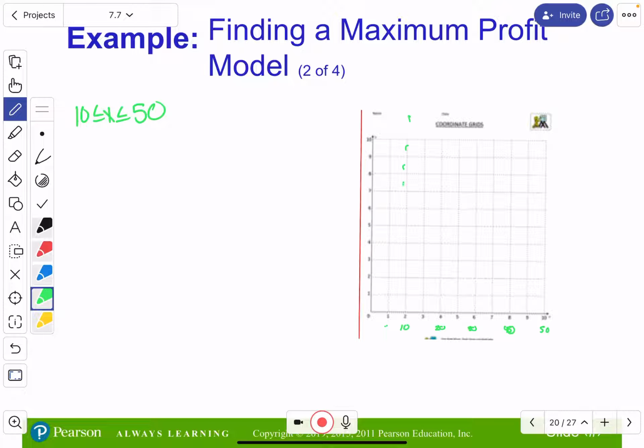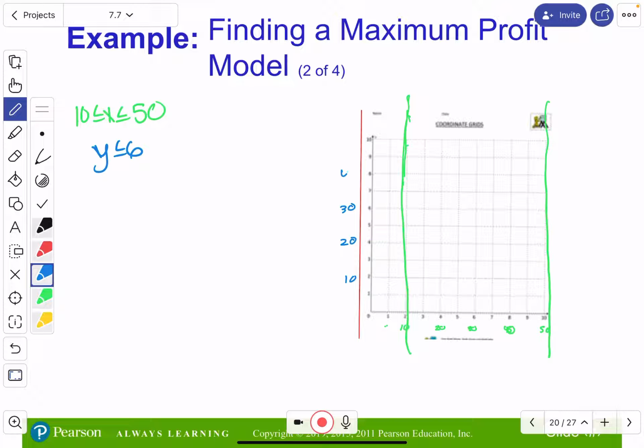We know we have to be somewhere in between these 2 green lines. Then we said, what else did we have? Y was less than or equal to 60. So if these go by 10, 20, 30, 40, 50, 60, Y has to be less than this blue line.